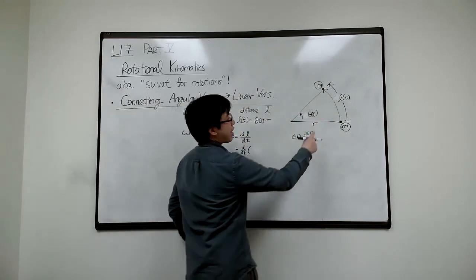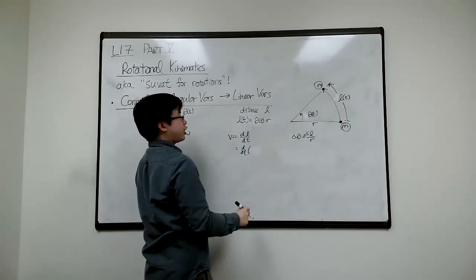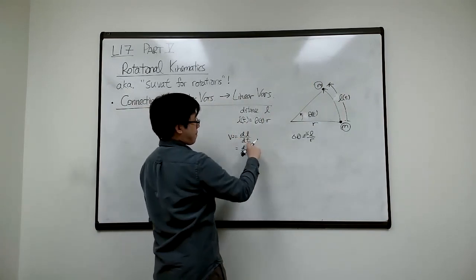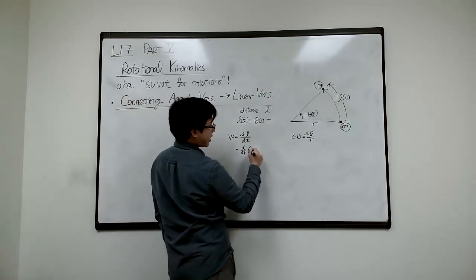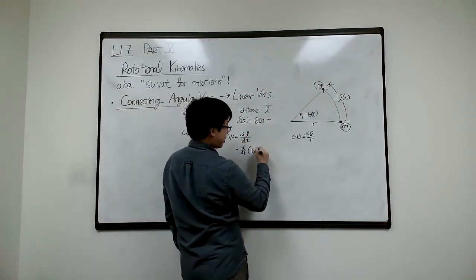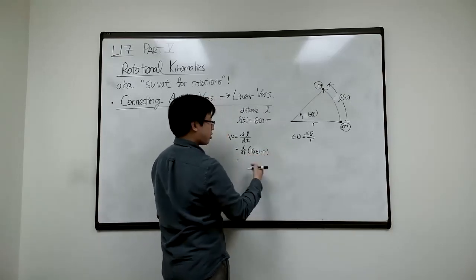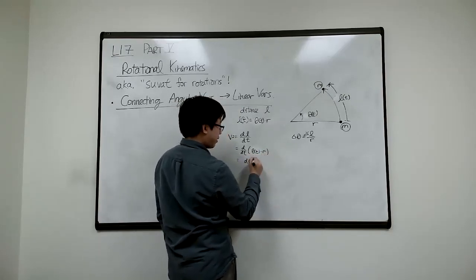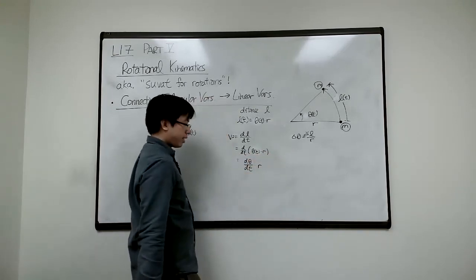Does the radius change in time? No, if it's rotating in a circle, then its radius doesn't change, right? So how do we relate that to angular velocity? That's theta, that's r, but r doesn't change, so that goes out of the derivative. We only have d theta/dt times r, right?